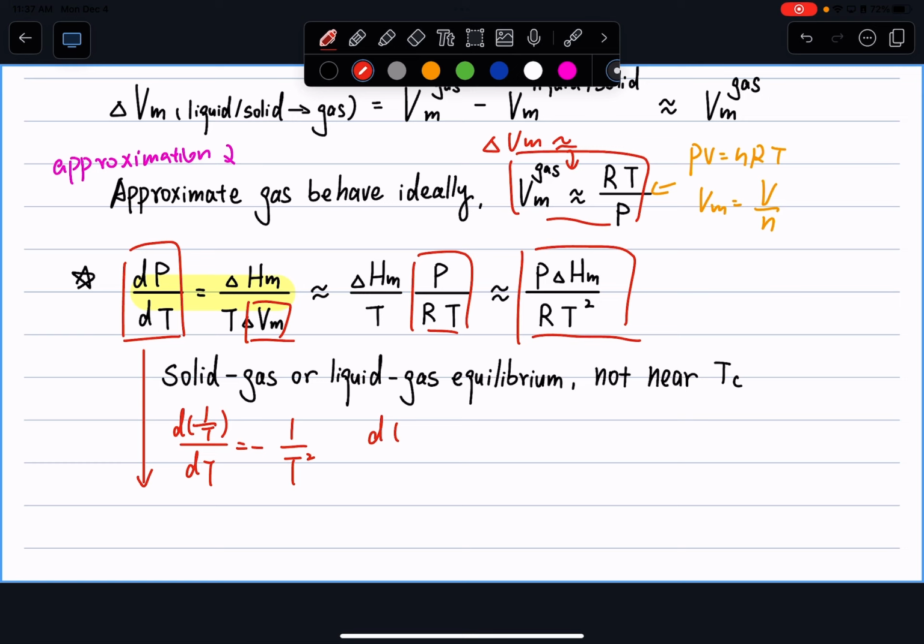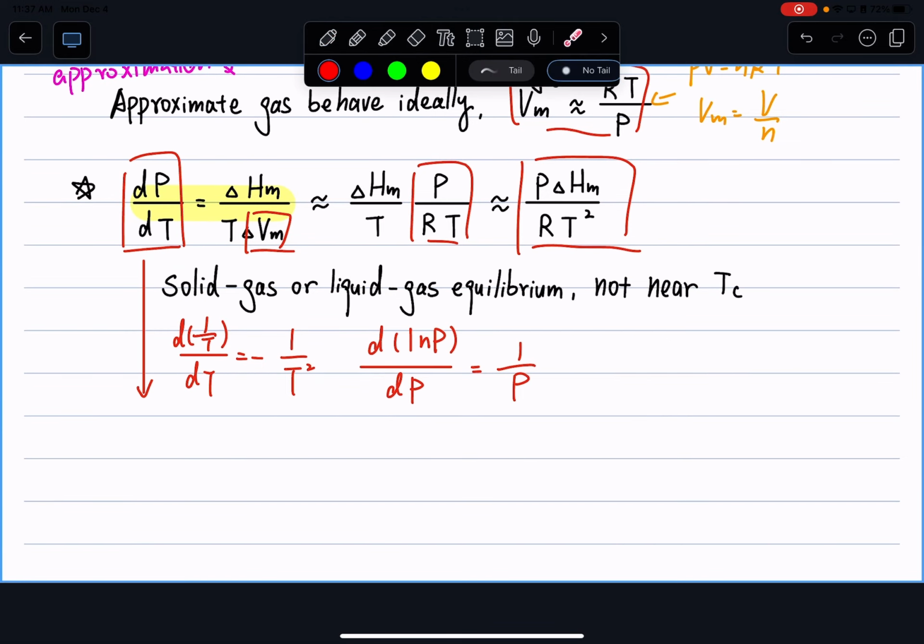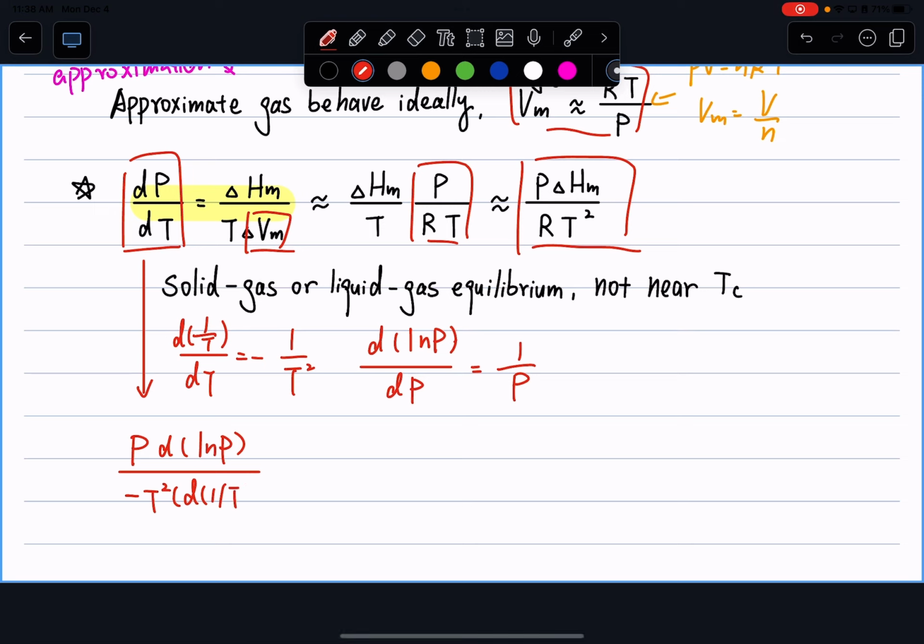And the differential of ln P, d ln P over dP, equals 1 over P. So a few of the things we have: P times d ln P equals dP, and negative T squared d(1/T) equals dT.